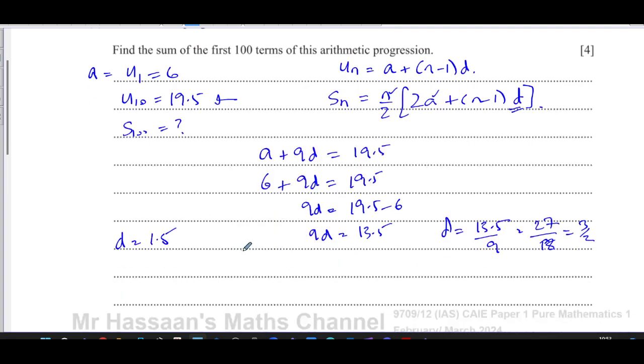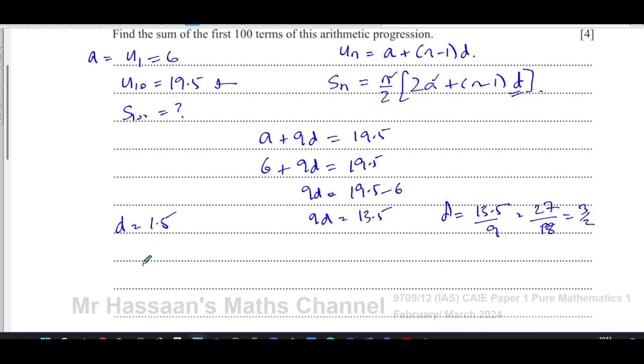Once we have that, we can find the sum of the first 100 terms. So the sum of the first 100 terms is going to be n over 2, which is 100 over 2, times (2 times 6, plus n minus 1, which is 99, times d, which is 1.5).